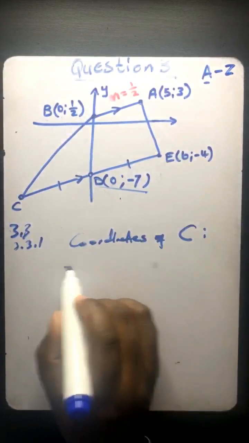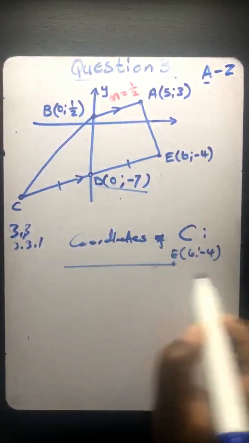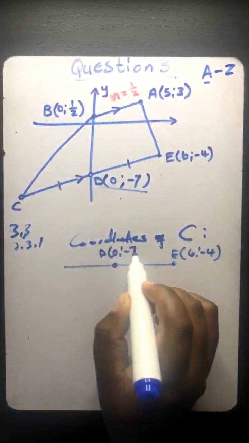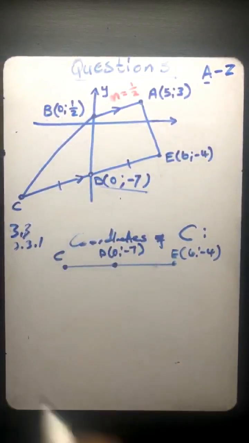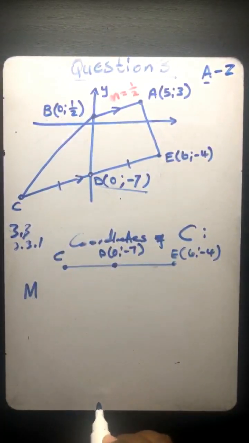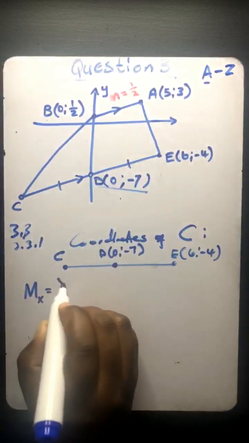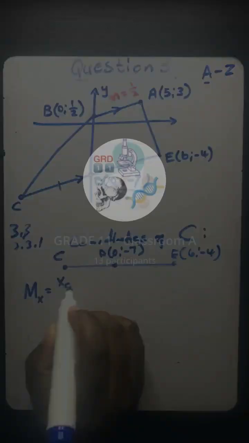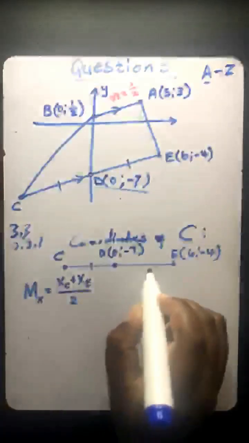So it's more like this is what you are having. Point E having 6 and -4. You have that middle point being D having 0 and that. And then you also have that being point C. So can you guys see? You can say the middle point's x value is equal to x of, let's say, C plus x of E, and you halve it into equal parts because they said that is equal to that.